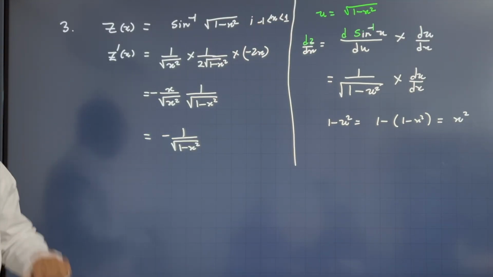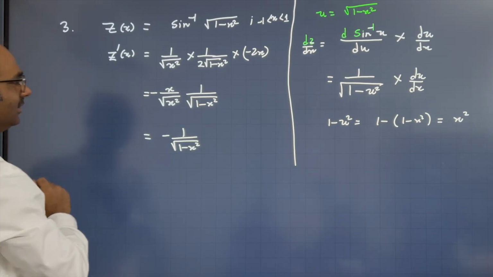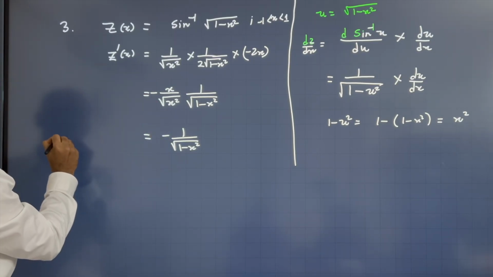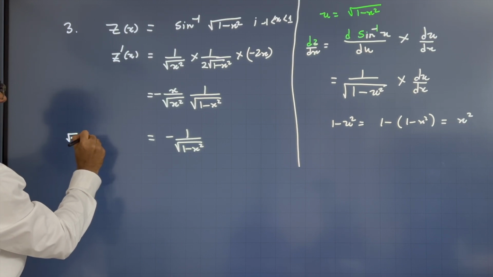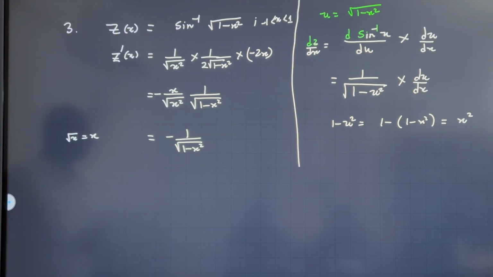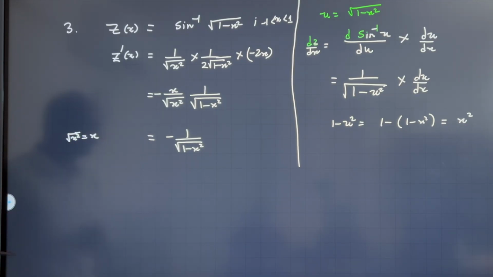X over square root of x square. We have written here wrongly square root of x square as x. It should be plus minus, right? Can it be plus minus? No. How can it be plus minus?